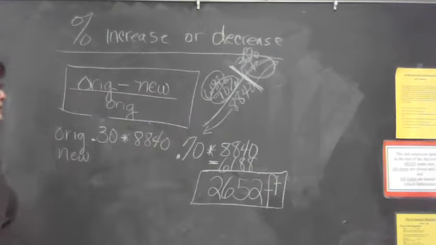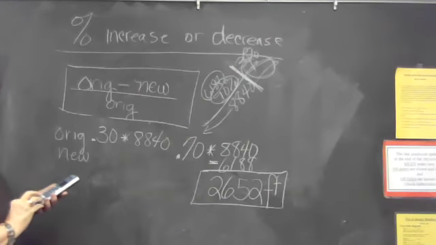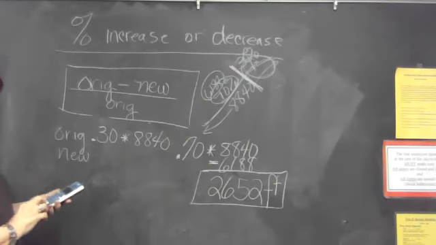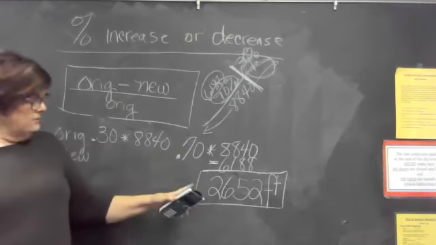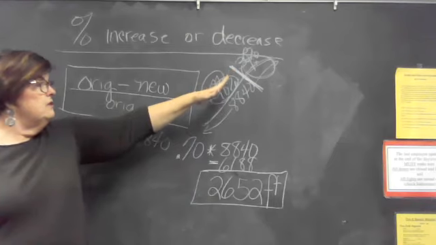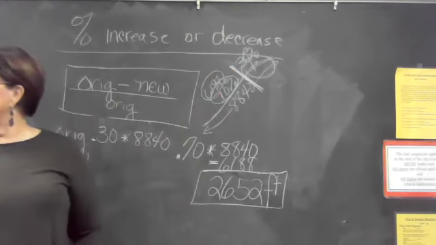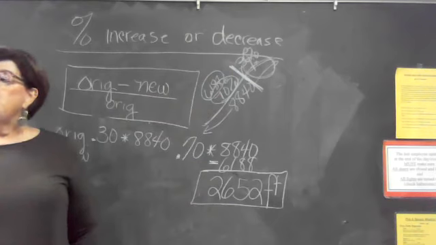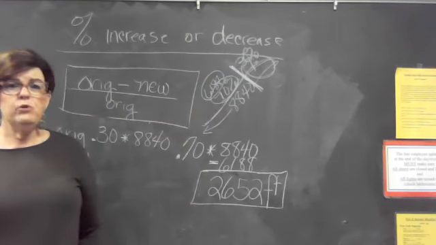If y'all don't want to do it this way, it's fine. And guess what it is? Same thing. All the way is 100%. If this is 70%, then the other part that we want to know is 30%, right? If you understand this, then use it. If you don't, don't be worried about it.